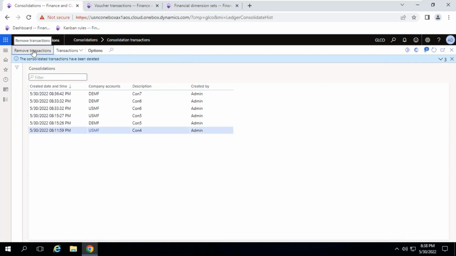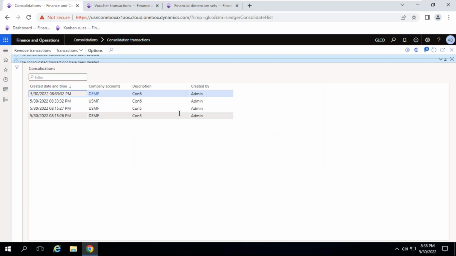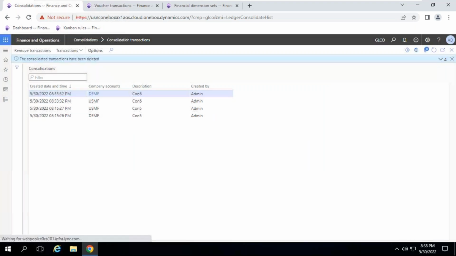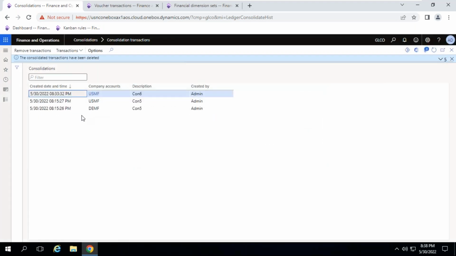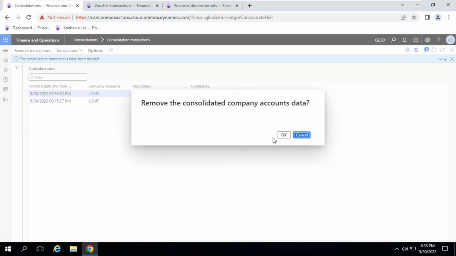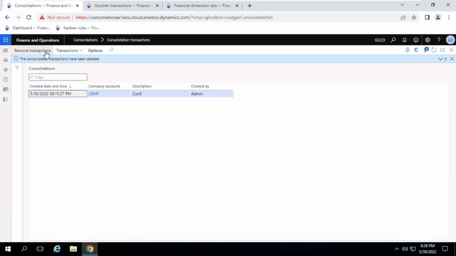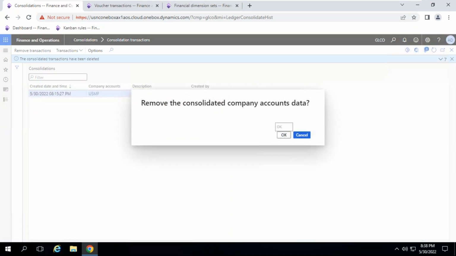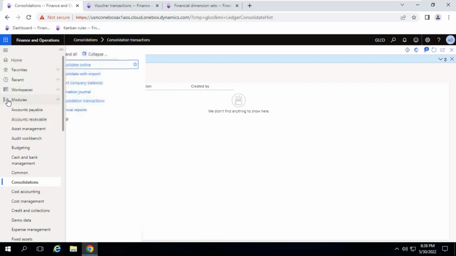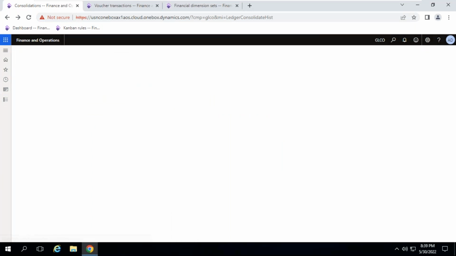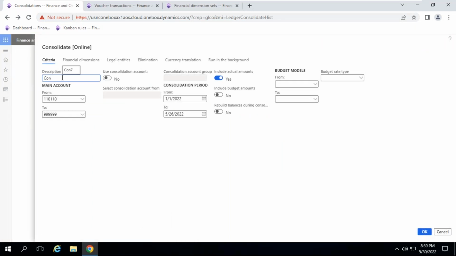But it is not required to delete. I'm just checking. Let me rerun once again, including rebuild balances. I'm executing.